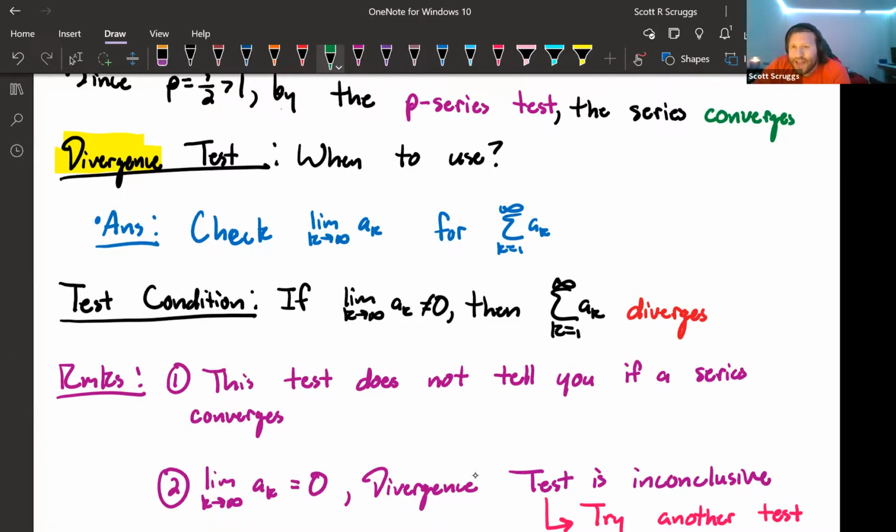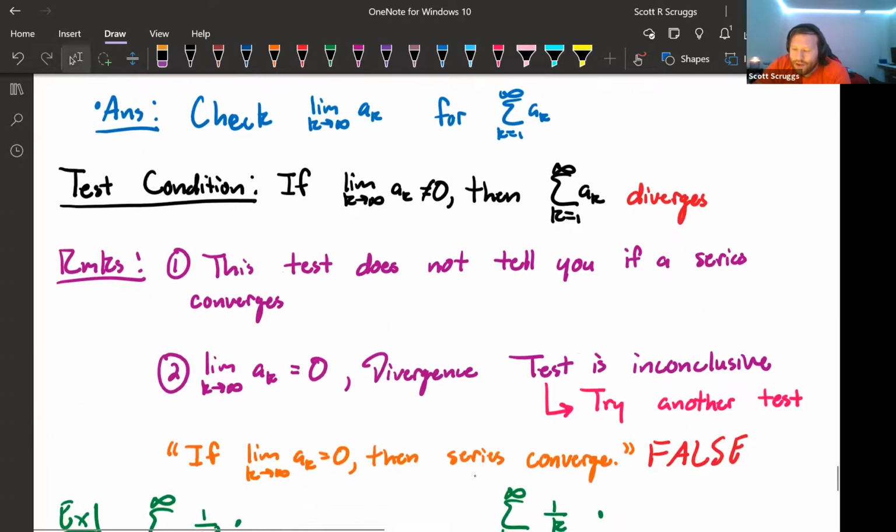If you get that the limit is not equal to 0, then you're good. That means you're done, because then you can say by the divergence test, the series diverges. If you get that the limit of those terms, however, equals 0, then it's like, oh shoot, I cannot use the divergence test here. So that means I have to move on and try another test.